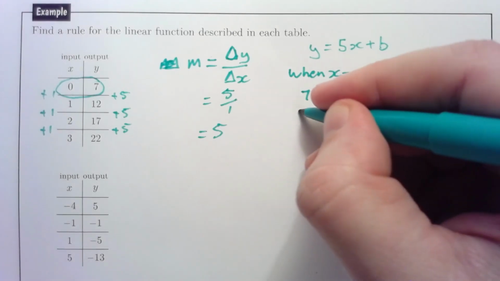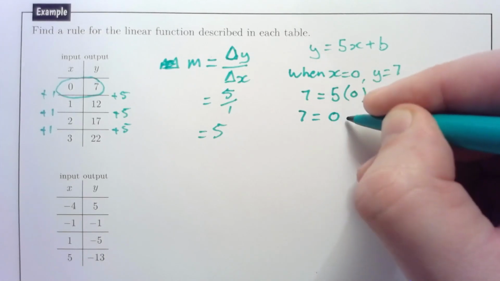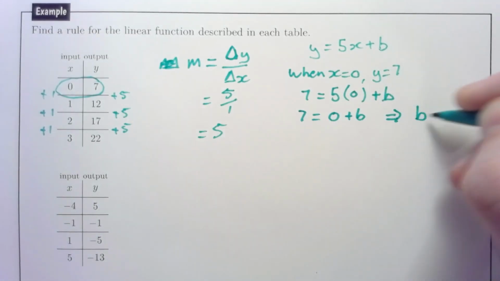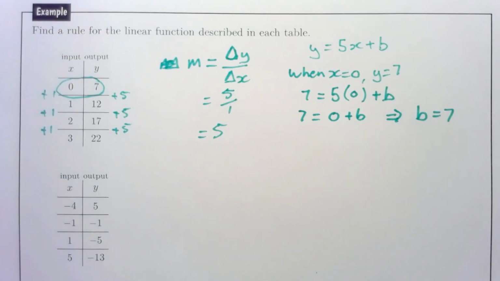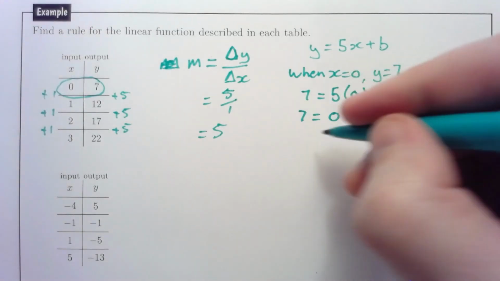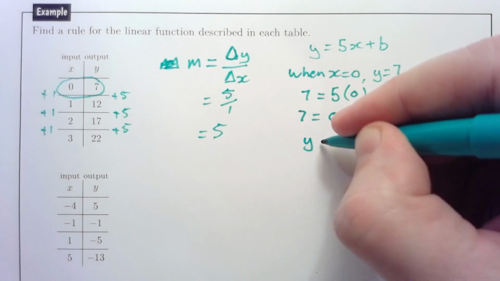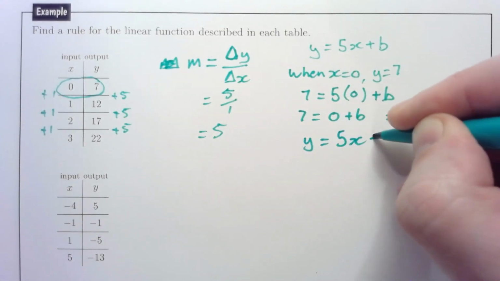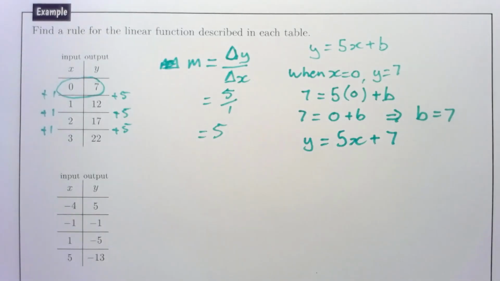Well, the only way that can be true is if b is equal to 7. And that means we now have our rule. y is equal to 5x plus 7.